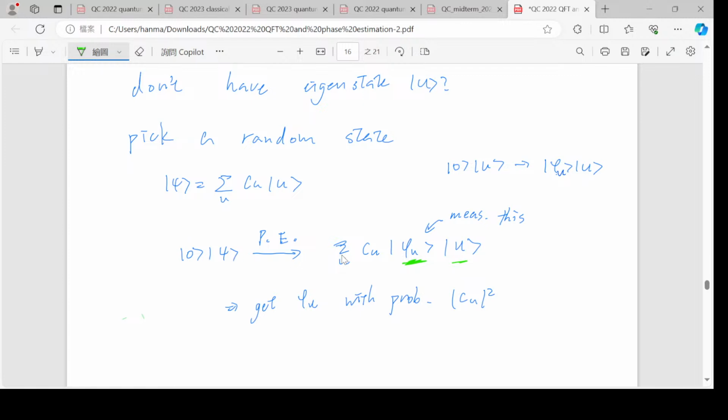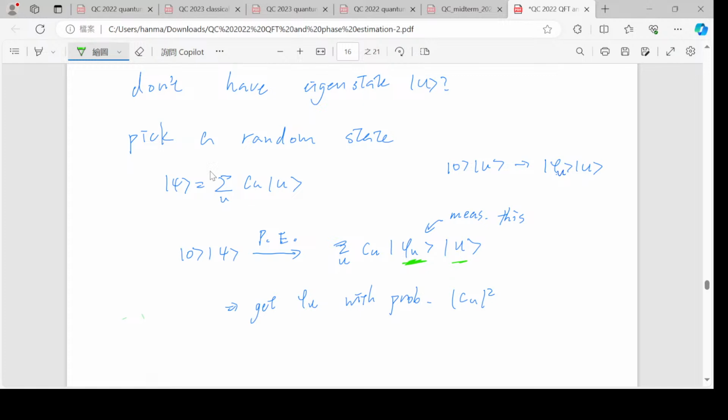And you can just see that by linearity. So 0 and u should go to phi sub u and u, where phi sub u is the phase that corresponds to this u. Then 0 and a superposition of different u should just go to a superposition of different phi sub u and u.